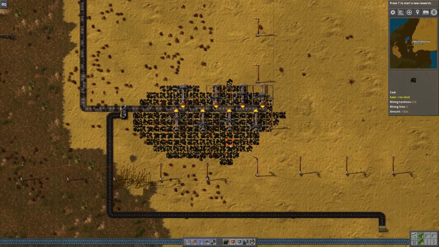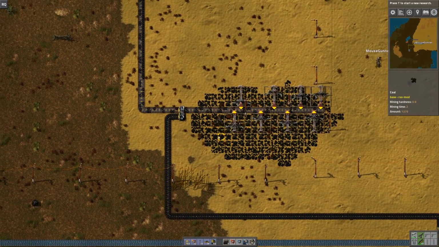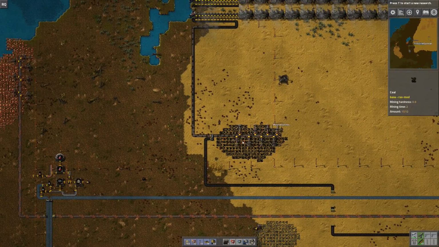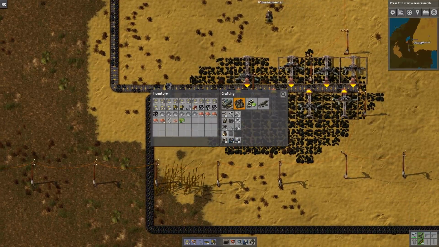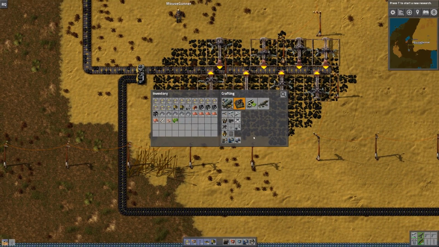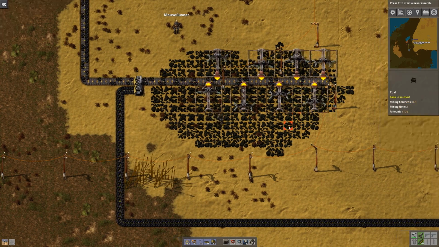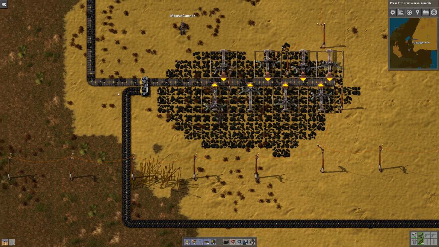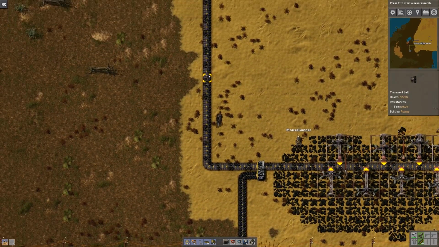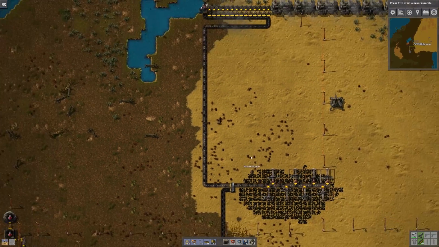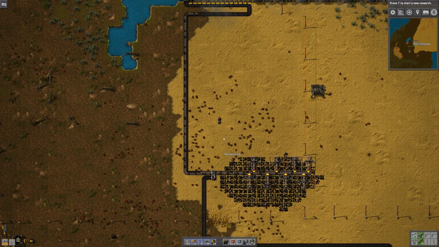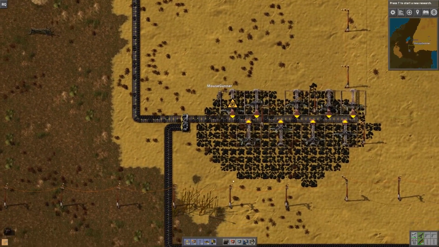So let's see. And while we're here, again, I'm going to come down here. And obviously, since fuel is like the crux of everything, right? If we lose power, everything else just shuts down. While I'm here, I'm just going to make a few more miners and just put them down, because I, in general, like to see this line, if not entirely saturated, almost entirely saturated at all times.